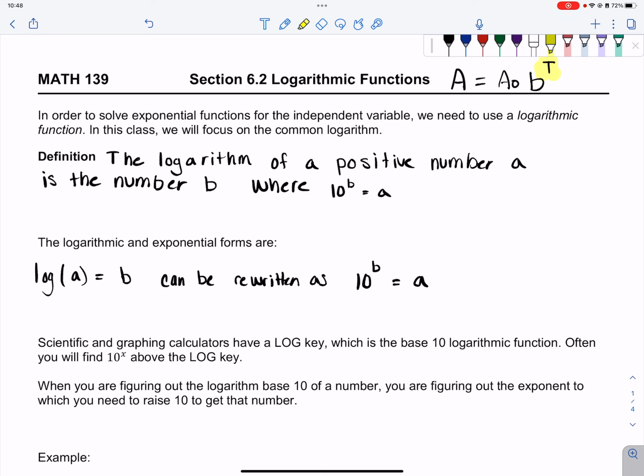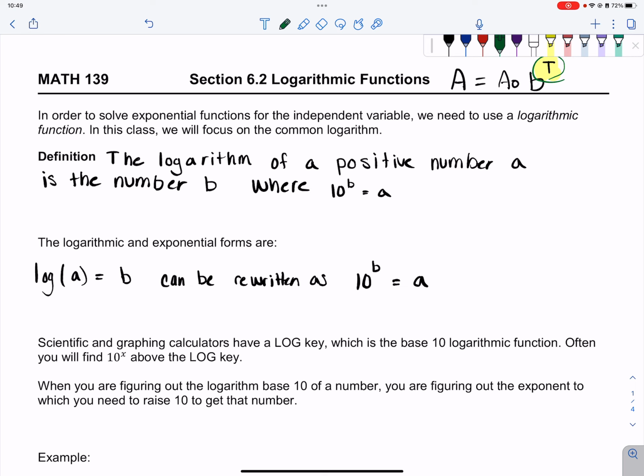A lot of times that's time, and sometimes we might want to know how long it will take for something to happen. Unfortunately, our standard algebraic methods, add, subtract, multiply, divide, do not work to solve for t because it is in the exponent. We don't have an easy way to get t out of the exponent with our standard algebraic manipulations.